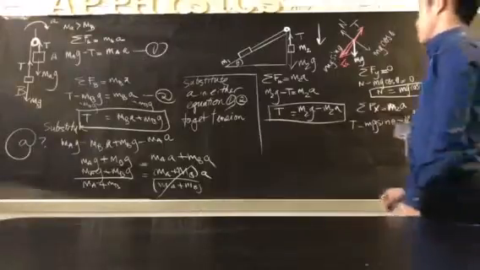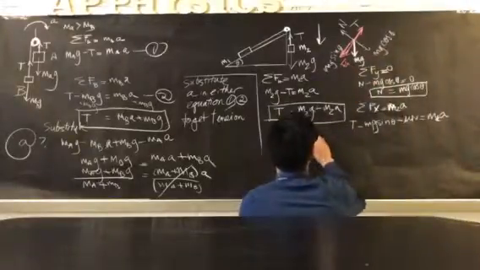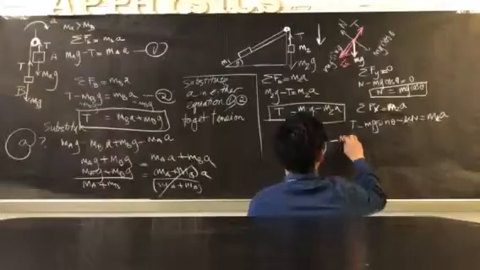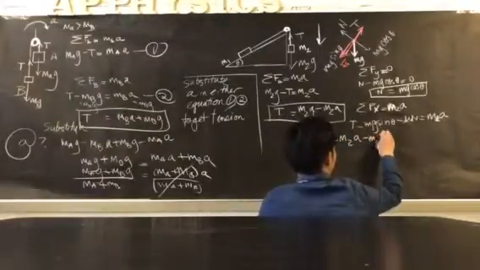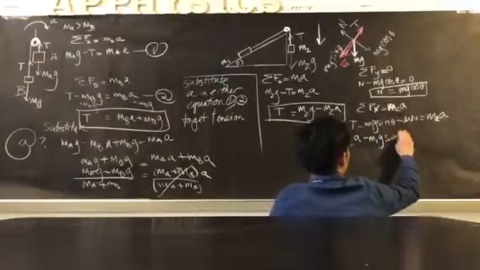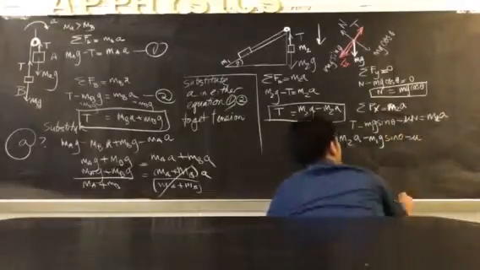So I'm going to put in M2g minus M2a as T, and then minus mu, what's my N?